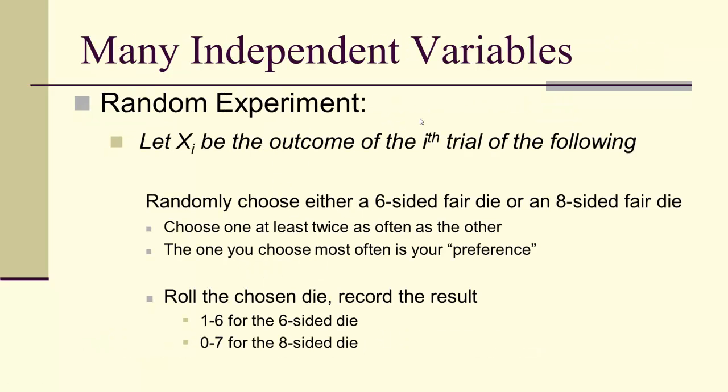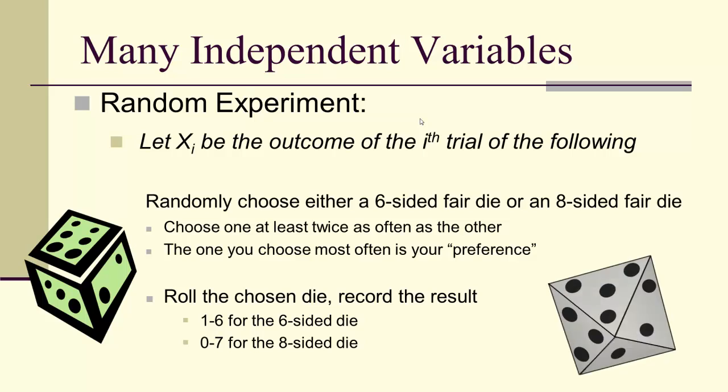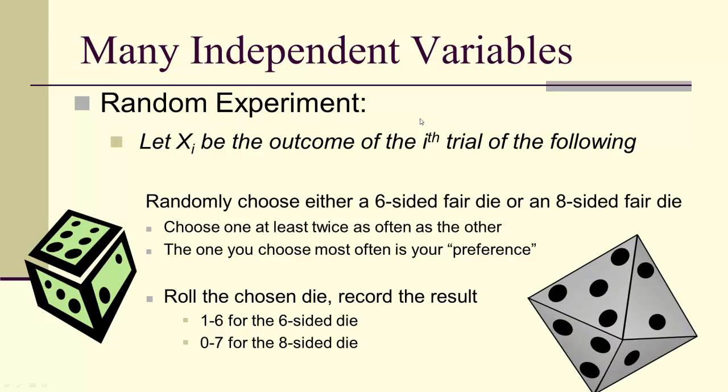Here's an example. Let's suppose that we did a random experiment. Each factor xi will be the outcome of the ith trial of the following. Choose your favorite die, either the 6-sided die or the 8-sided die. Whichever is your favorite, you're going to use twice as often at least as the other.